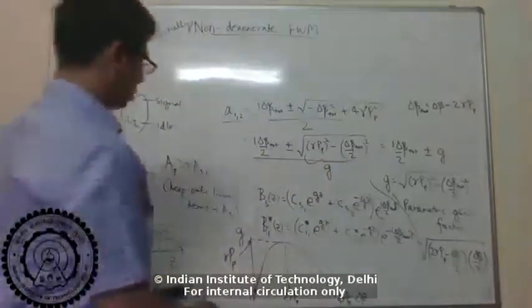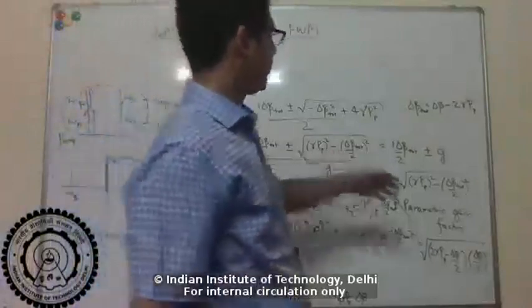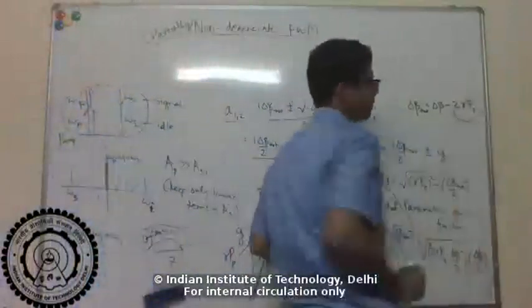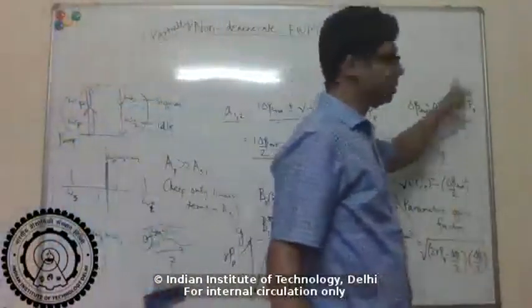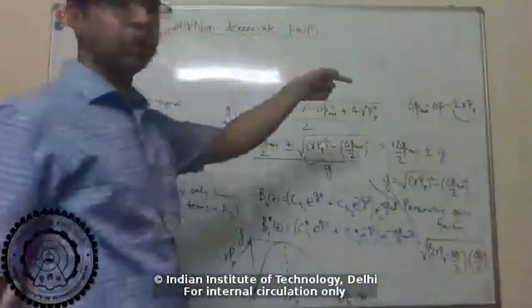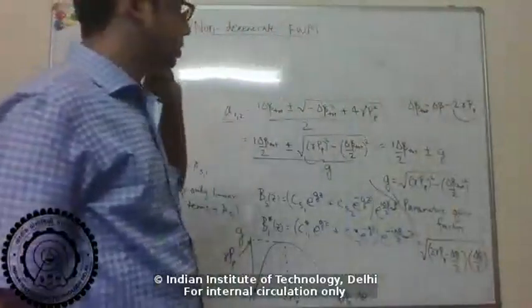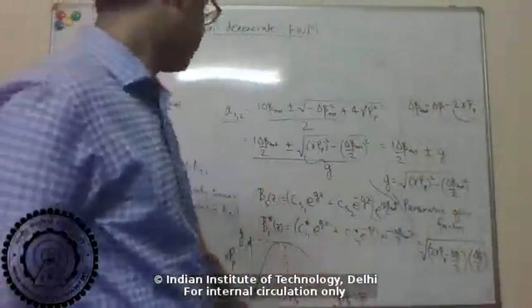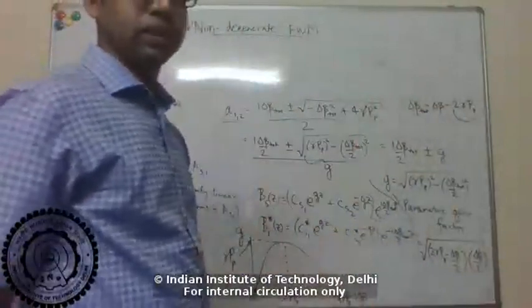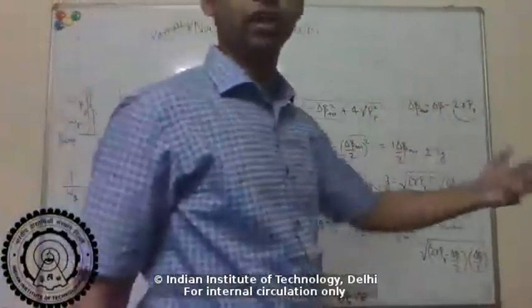Okay? So actually what is happening is this extra term here, right, 2 gamma p, that is basically causing this shift. And that is coming, if you go back and see, from the cross phase modulation. Right? So the pump is adding an extra nonlinear phase to the signal and idler, which looks like an extra wave vector, right?